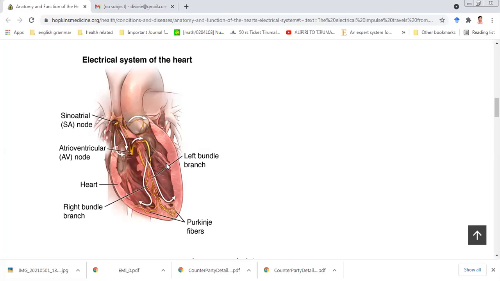Okay. Already we have seen the heart cycle, that is systole and diastole, so systolic pressure and diastolic pressure. For systolic pressure, we get a sound when the ventricle chambers pump the blood to the parts of the body.